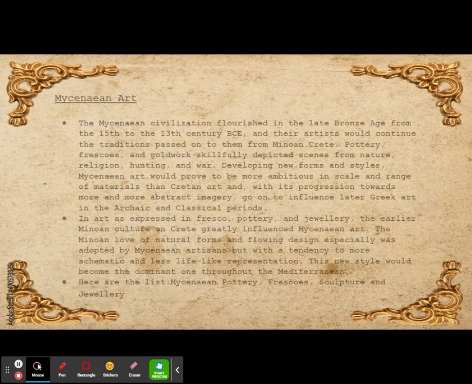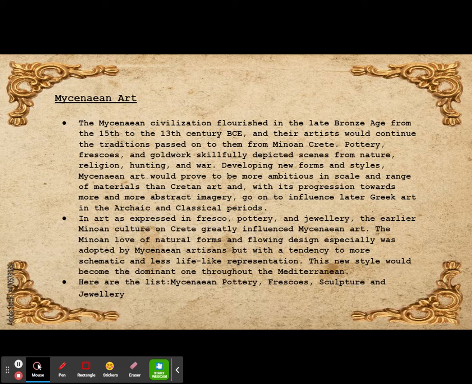So we're going to be talking about Mycenaean art and their civilization. Also, this is going to be in the late Bronze Age, around the 15th to the 13th century BC.